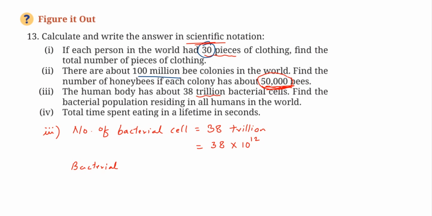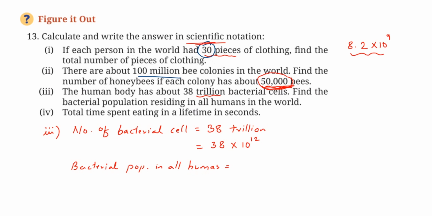So bacterial population in all humans will be, I have used this in the first question, so I'm not writing it again. There are 8.2 billion people. Now billion means 10 to the power 9. There will be 9 zeros. I have shown this in the first question, so I'm directly writing it here. So it is 8.2 times 10 to the power 9. This is the total human population.